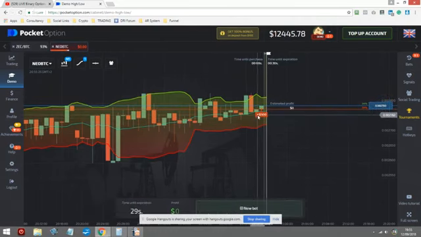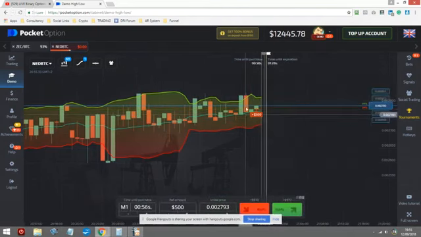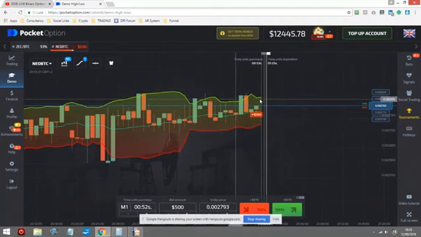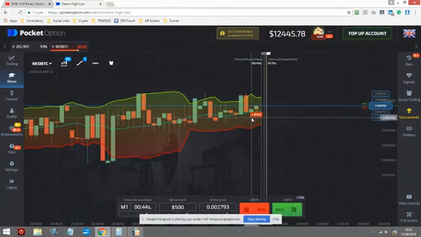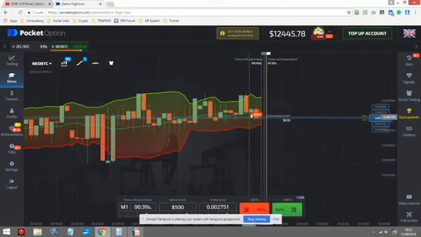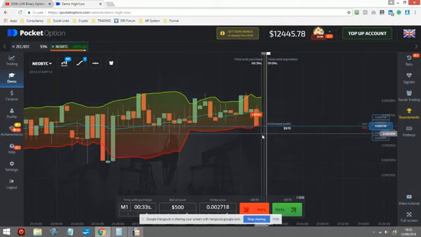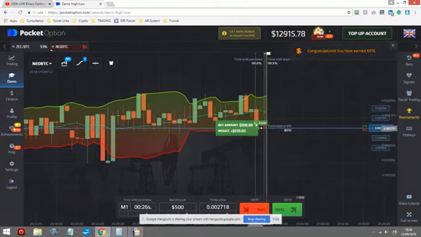Now I would be doing this outside of the Bollinger Bands. I'm only doing it here inside the Bollinger Bands simply to demonstrate how I would use a 1 for 1 betting system. So you can see I lost $500 on that first bet, but if I was to win this bet, which looks like I am, I've just placed a note bet, because the candle bopped out of the Bollinger Band at the bottom.